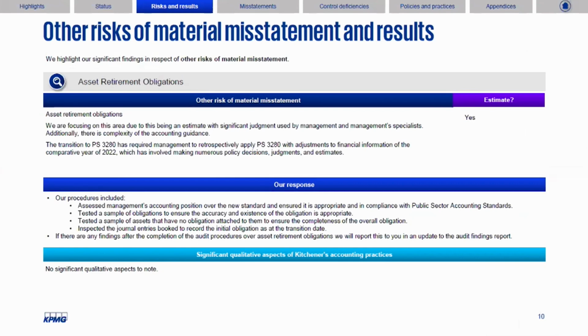The main assets that required decommissioning or remediation were buildings that had asbestos in them, as well as gas mains and service lines when they are abandoned. The procedures we performed were that we obtained staff's accounting position over the new standard and ensured it was in compliance with the accounting standards. We also tested a sample of obligations to ensure they were appropriate and ensured the journal entries booked on initial adoption were appropriate. Through our audit procedures, we also didn't find any errors.